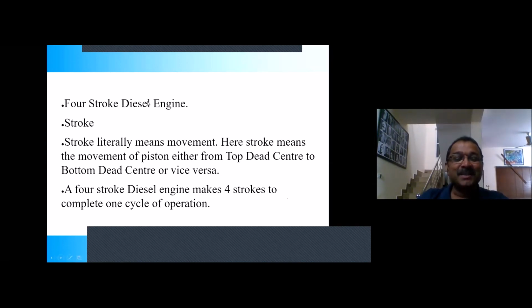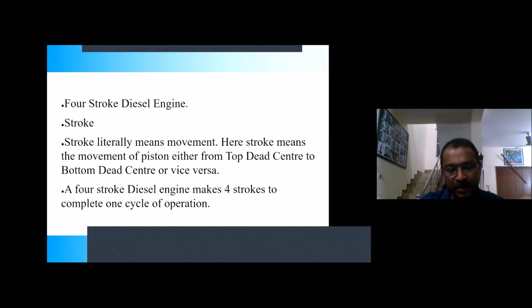Okay. Stroke means movement. So, 4-stroke diesel engine. When this word comes into the realm of diesel engines, stroke has a definition.